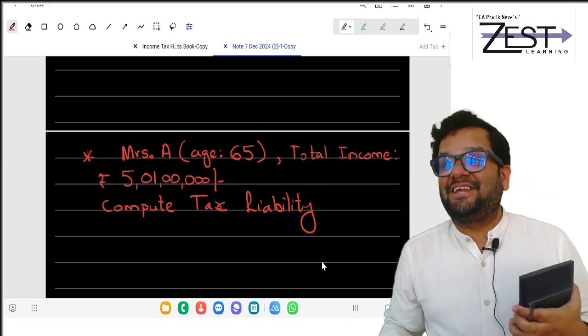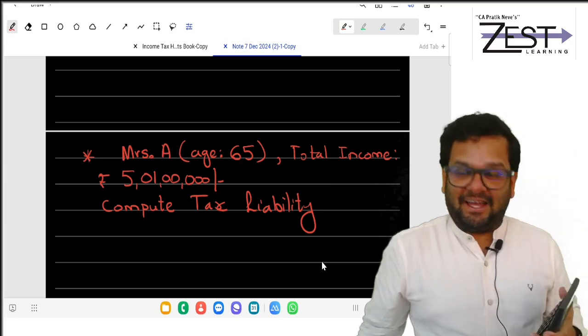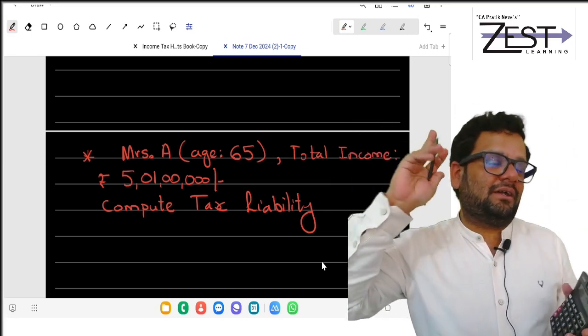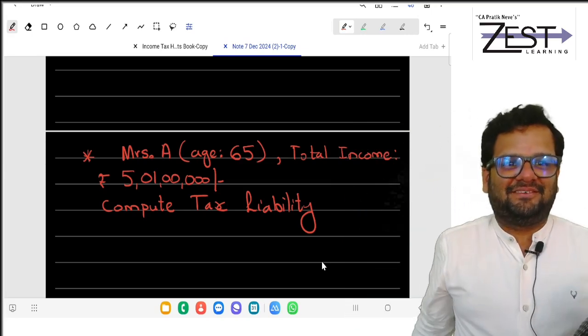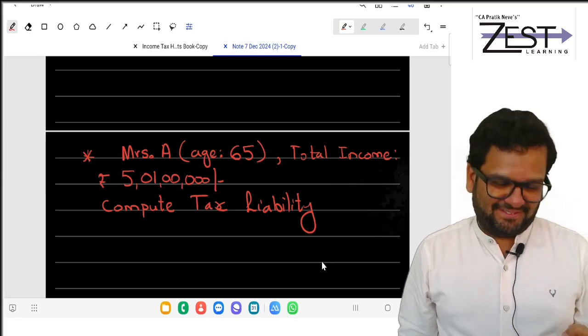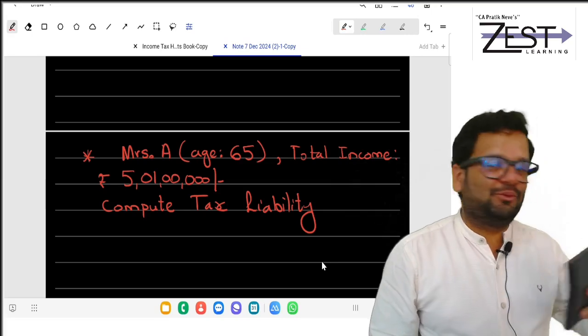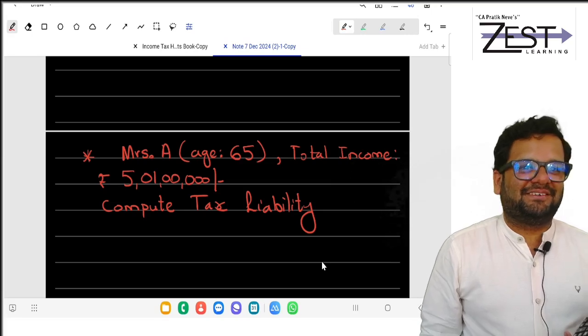That surcharge will be at what percent? See, I'll tell you. Ask whether we have to go as per 115 BAC or normal. Ask. Then I will tell you what you have to do. Any one of you ask. Who is asking?